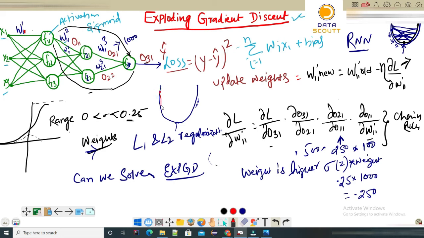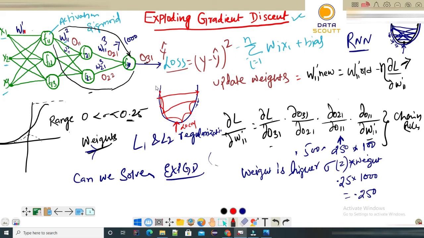Let's say it has converged here, second step, third step was here, fourth step was taken here, then next here, maybe next here, and maybe next here. Because the values are so high with each iteration, it will never be able to converge to a local minima.